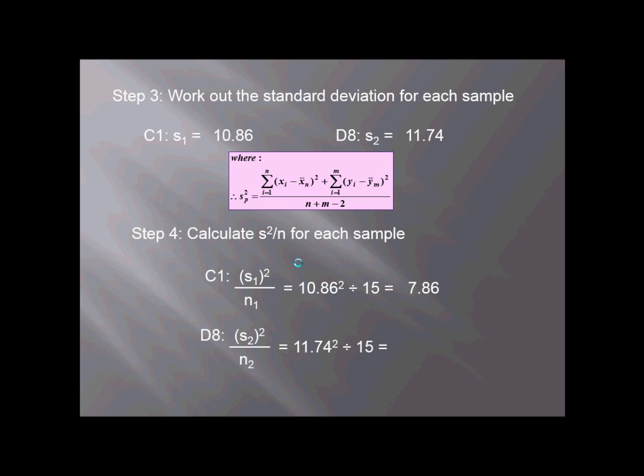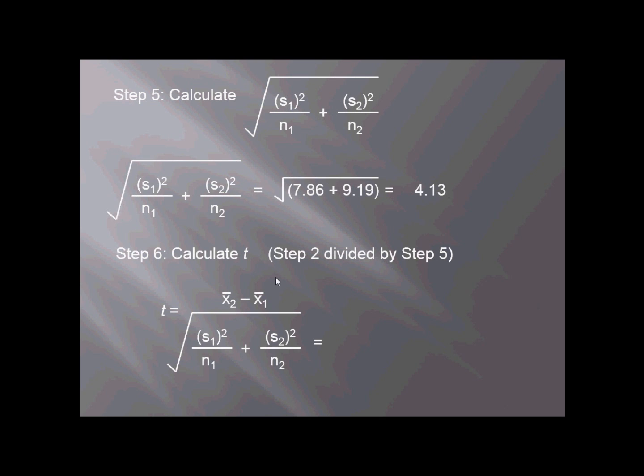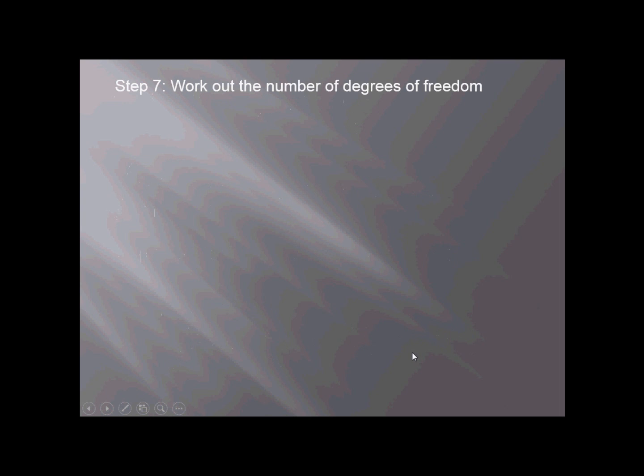We get C1 equals 7.86 and D8 equals 9.19. Okay, now we use the whole formula to calculate the t-value, and you can see here the t-value equals 1.62.